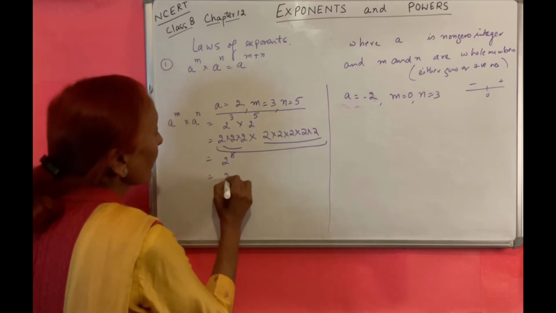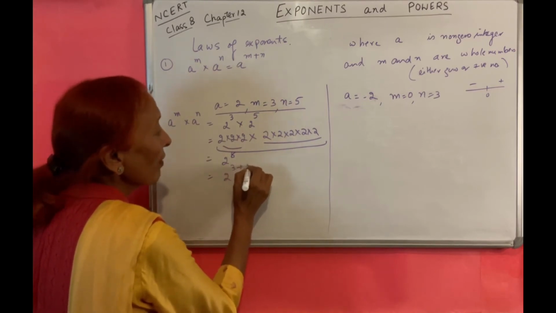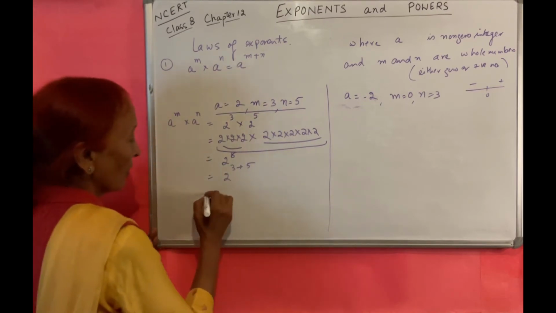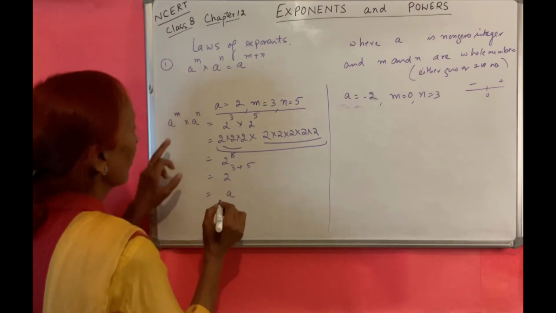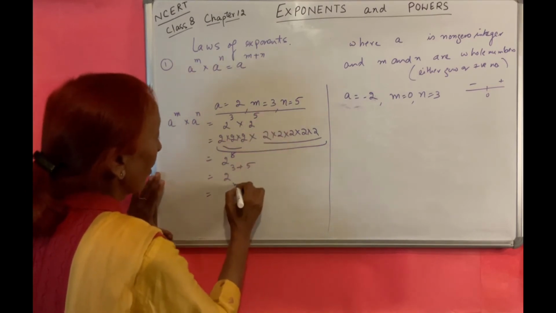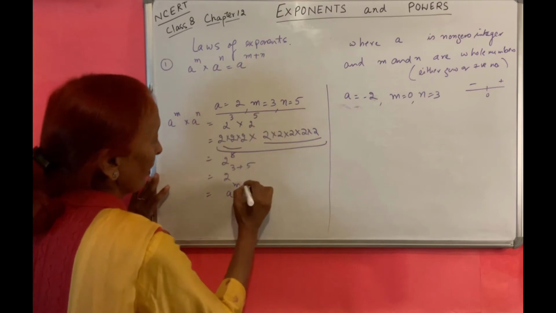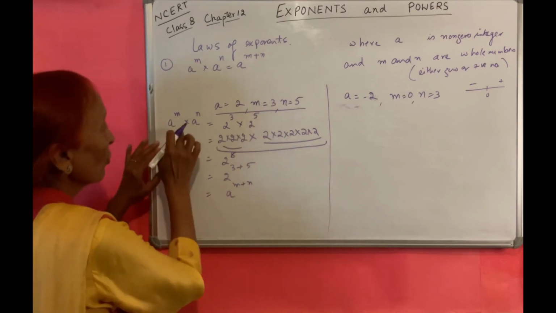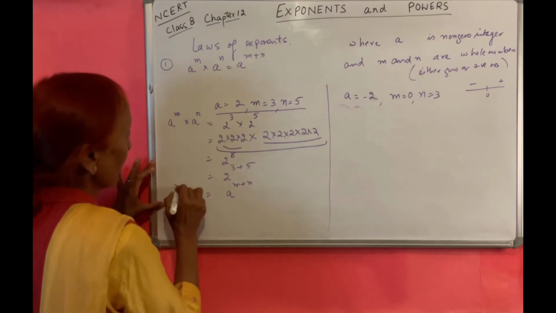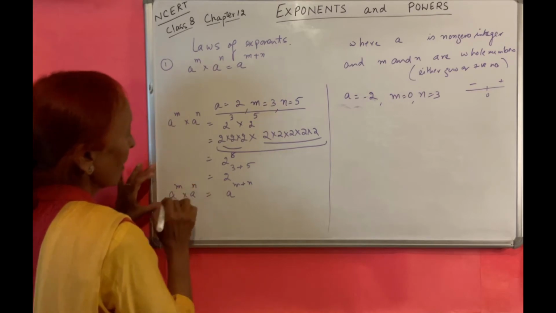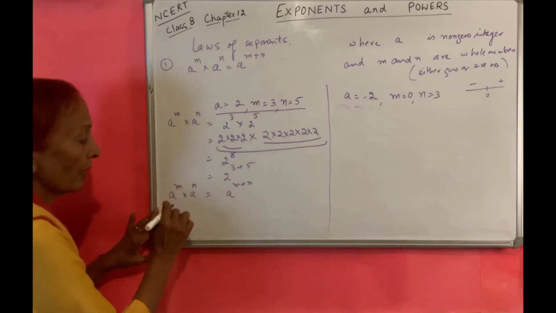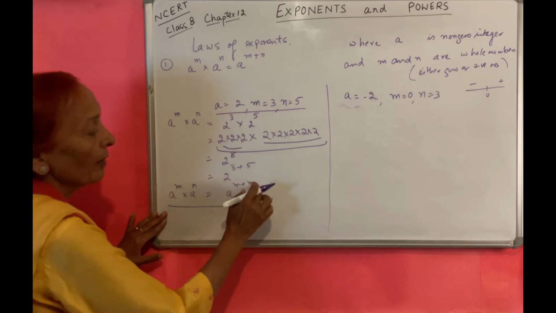So 8 I can write as 3 plus 5. What is 2 here? A. What is 3? M. What is 5? N, right? So I started with a raised to power m multiplied by a raised to power n. This is nothing but a raised to power m plus n.